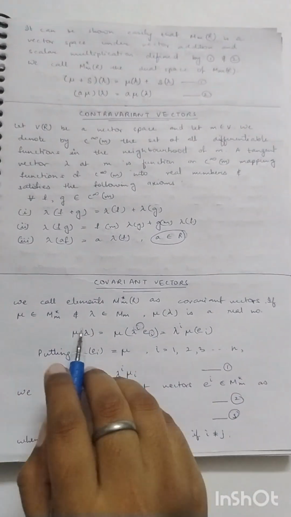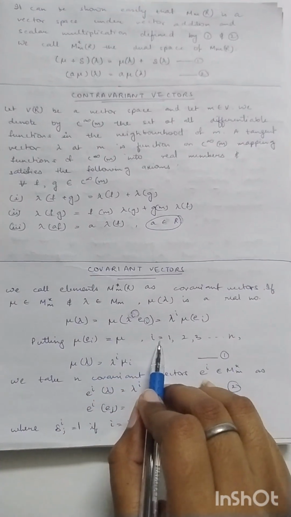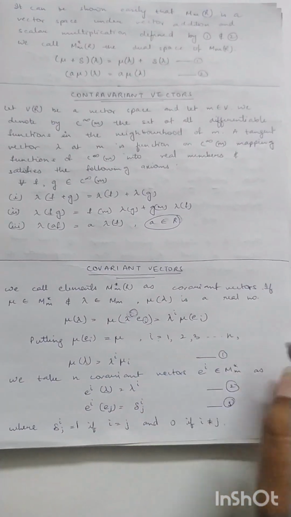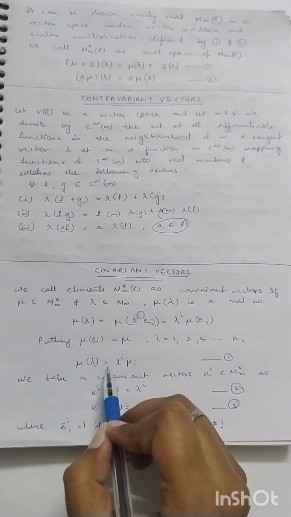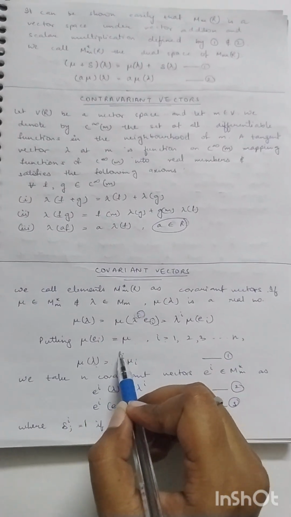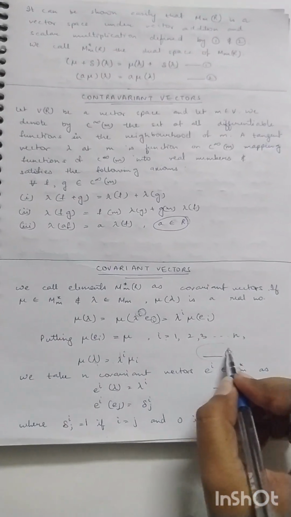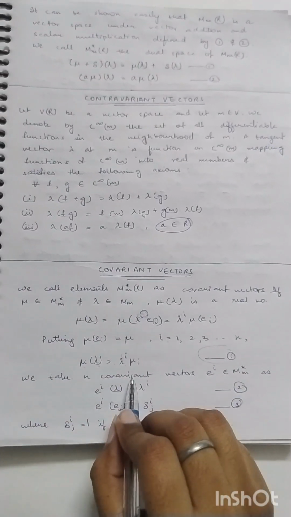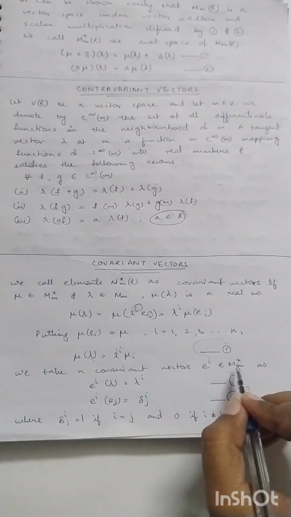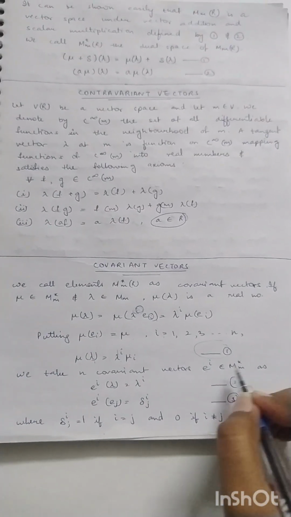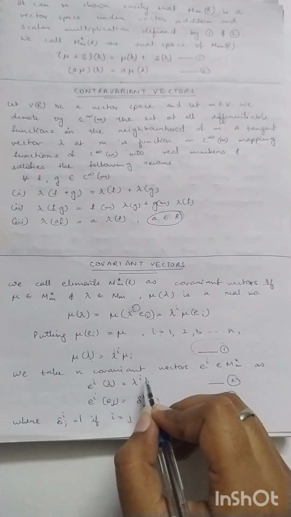Putting mu e subscript i equal to mu subscript i, for i equal to 1, 2, 3 to n, mu lambda is equal to lambda superscript i mu subscript i. This is the first equation. We take n covariant vectors E superscript i belonging to M subscript m star such that E superscript i lambda is equal to lambda superscript i.